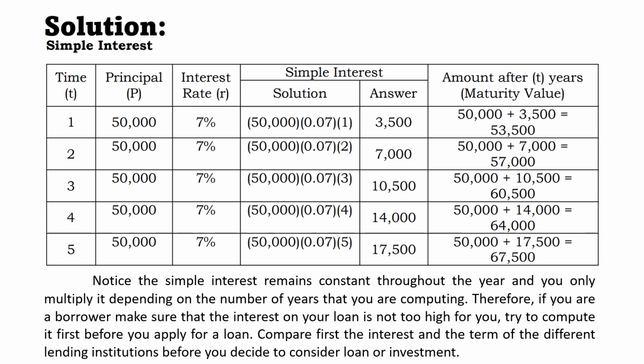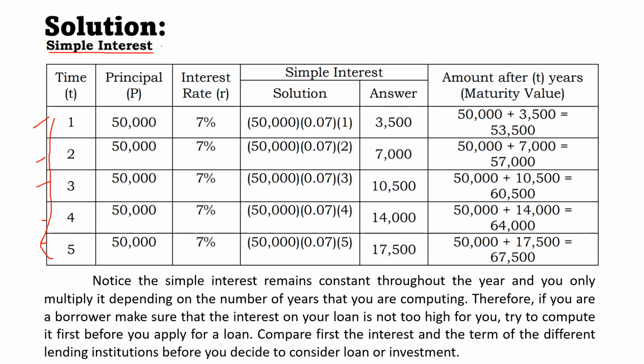So for the solution, it is all about your simple interest. It was payable for 5 years, so we put your time here: 1, 2, 3, 4, and 5. That represents 5 years.